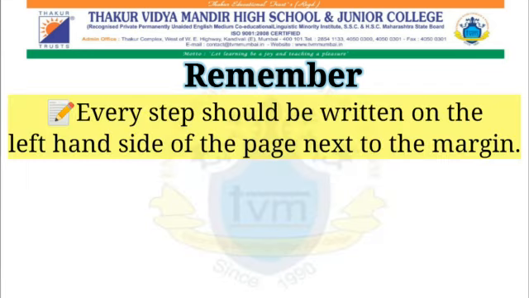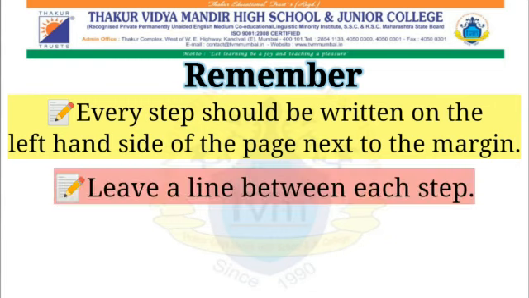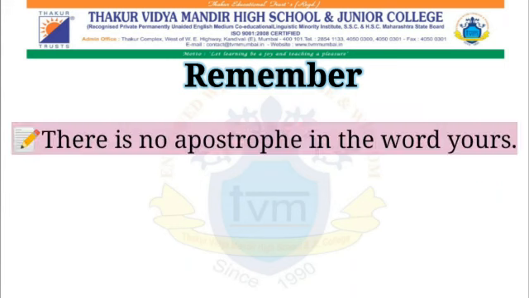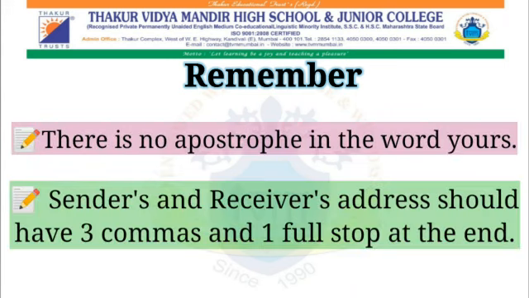Every step should be written on the left hand side of the page next to the margin. Leave a line between each step. No ing form of the word in the subject. There is no apostrophe in the word yours. Sender's and receiver's address should have 3 commas and 1 full stop at the end.